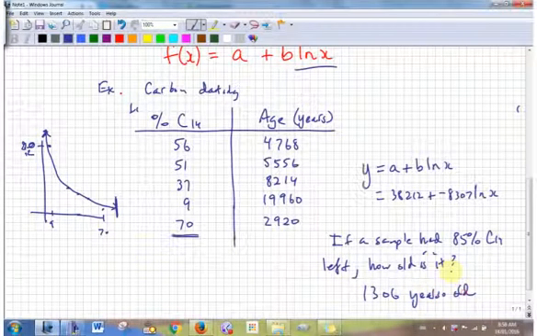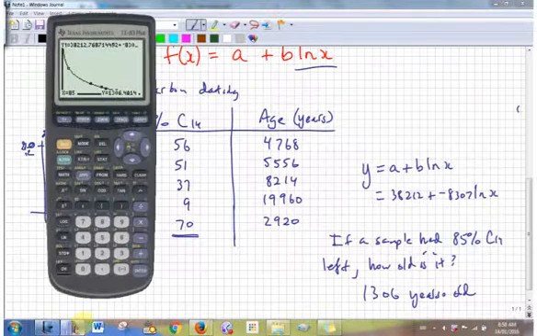So there's the answer. If I'm asking you a question of course, if I give you the year and say, what's the percent carbon left? Well, we can just scroll along until you find it. Let's say it's 3,000 years. That's actually pretty close. Let's say 4,000 years. I already got one pretty close. All right, well, every dot I hit, it goes 3825, 3967.